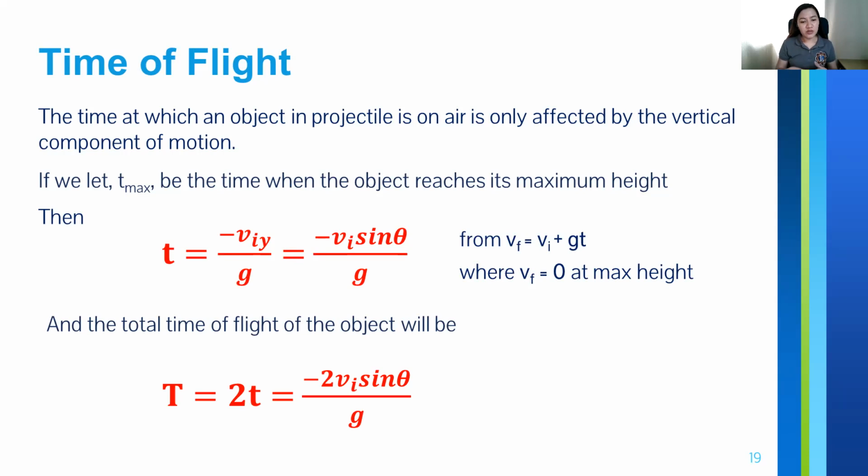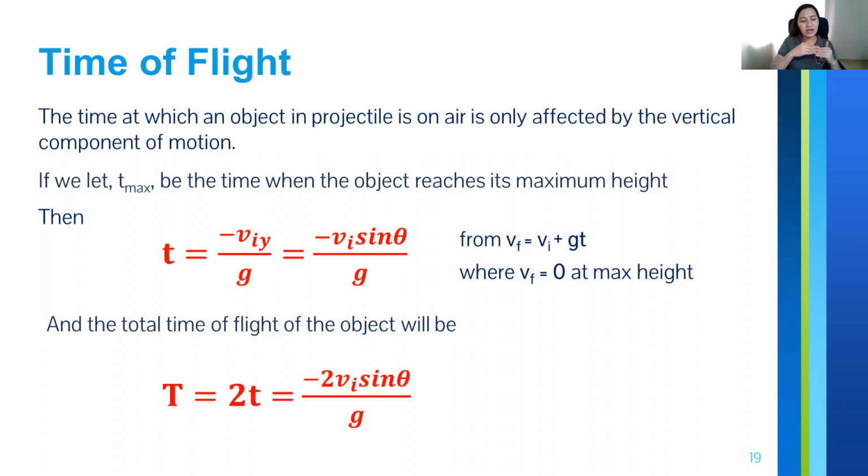So total time of flight, we're going to use the capital letter T to represent the total time of flight. So basically, class, when an object is in projectile, the time it would take for the object to reach the maximum height would be the same time it would take for the object to reach the ground from the maximum height.